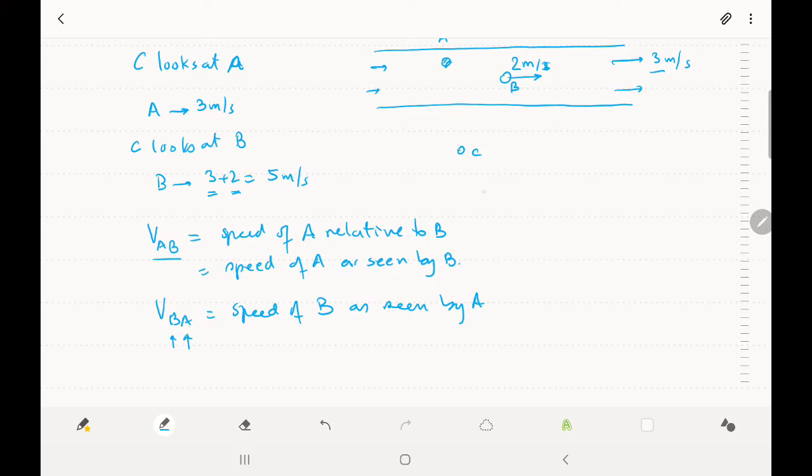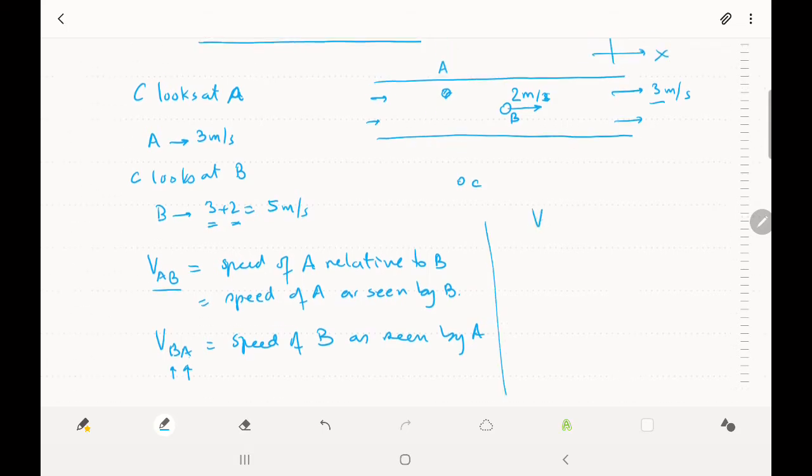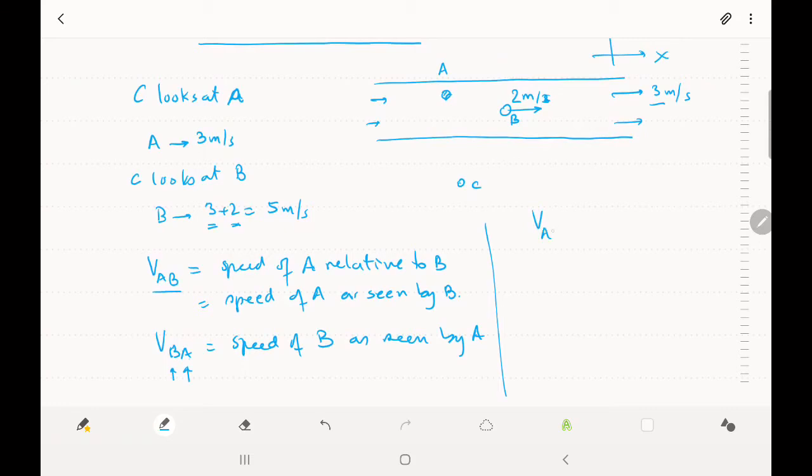So if we use this notation, then we can say that V of A as seen by C is going to be 3 meters per second. The speed of B as seen by C is 5. And the speed of B as seen by A is 2 meters per second.